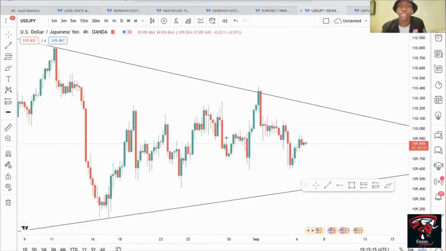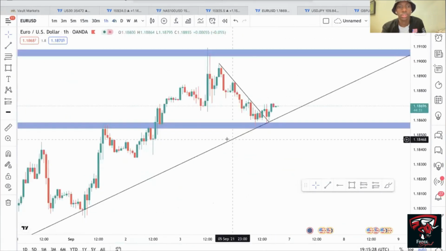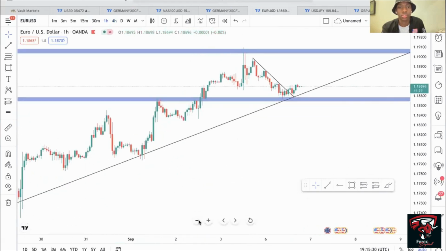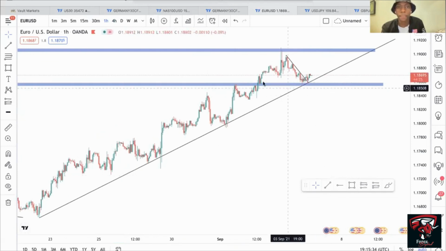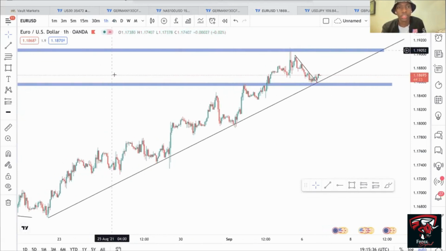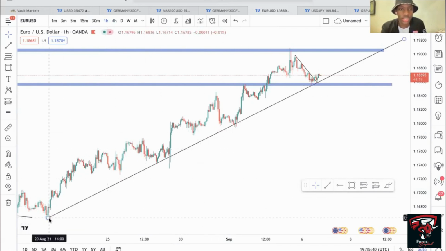Okay, let's go on to USD/JPY. Wait, somebody said not to cut wicks. Well, you see, guys, it depends. You can see this low here.